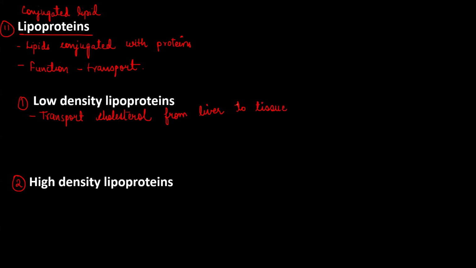And how do they transport this? They transport it via blood. Most of the transportation in our body takes place via blood. So these low density lipoproteins take cholesterol from the liver and transport it to the tissue.